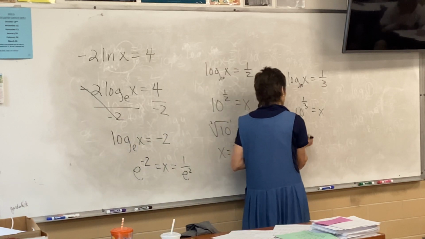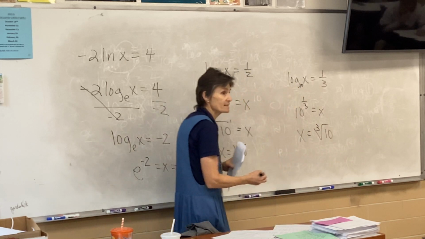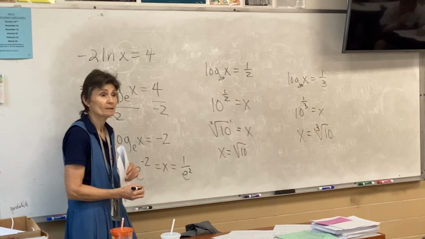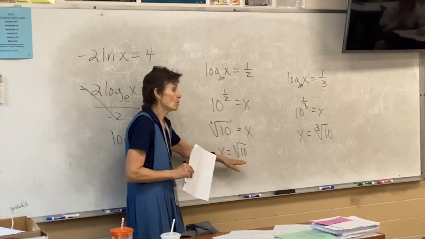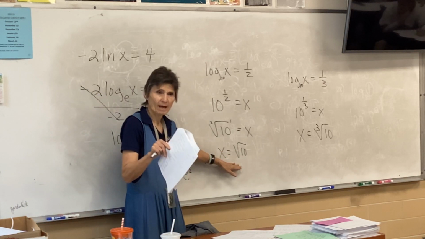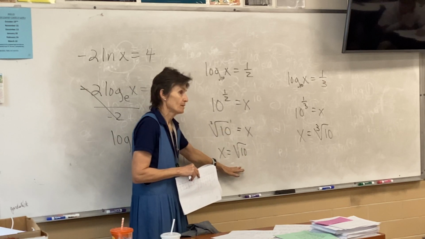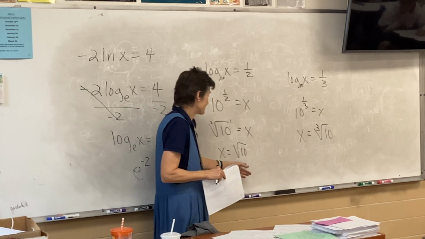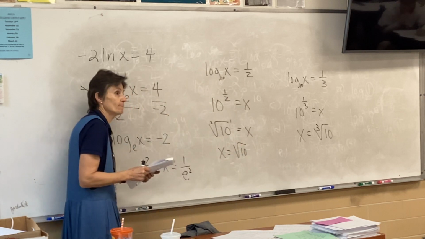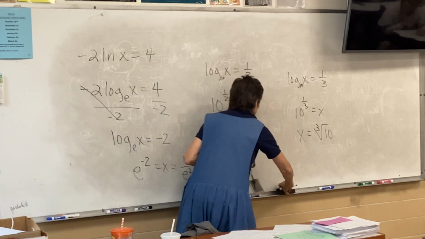Same thing, only isn't this one gonna be a cube root? Because the exponent was 1/3? Now, I don't know what the square root of 10 is. I could figure it out on my calculator, but without a calculator, this is the end. If that had been a 25, I would say 5. But since that's, I don't know, I'm just going to leave it.